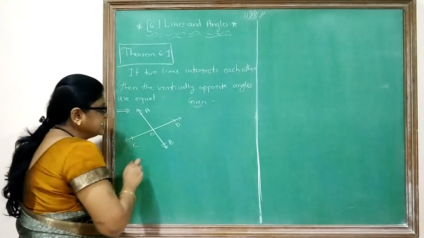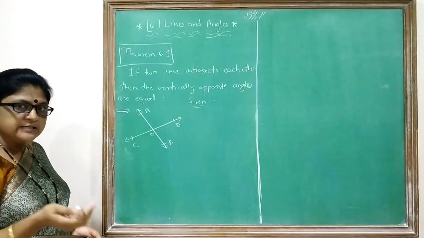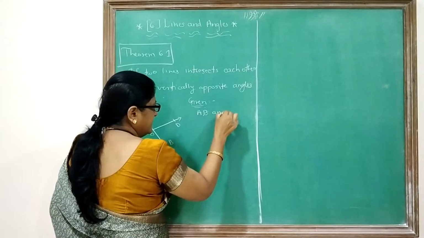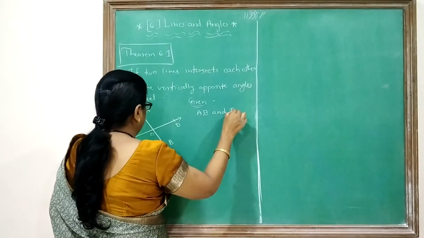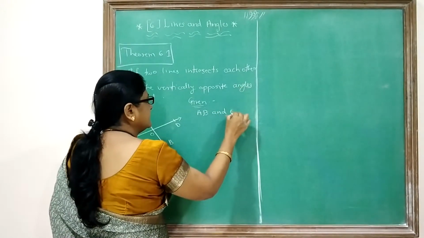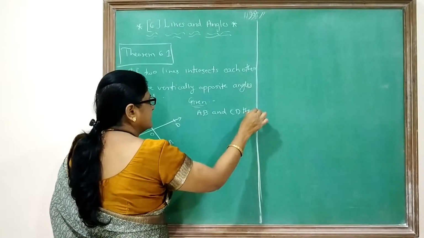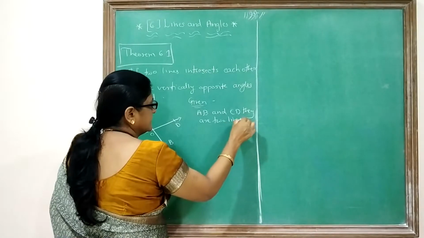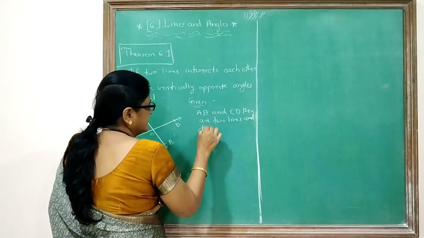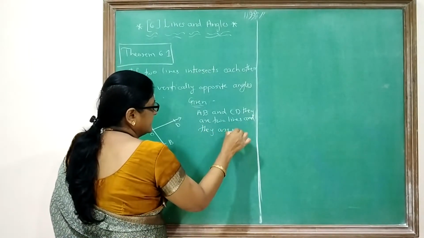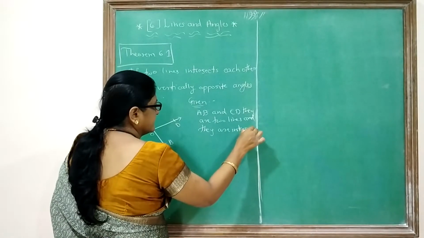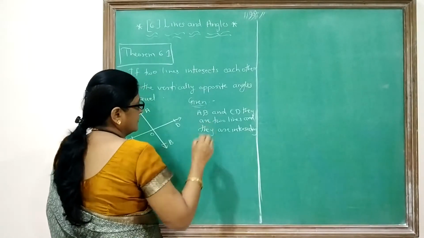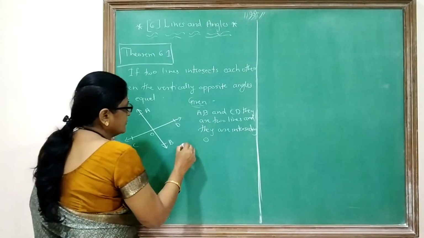Here AB and CD are two lines and they are intersecting at O. Then to prove.